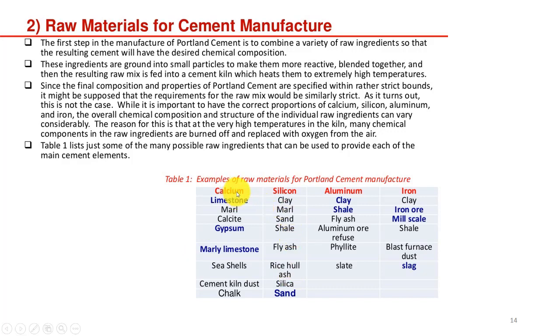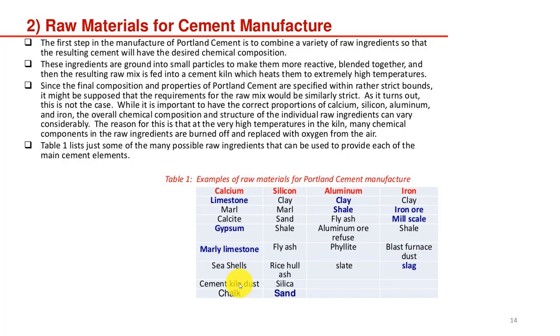The calcium can be obtained from the limestone, either from the marl, calcite, gypsum, marly limestone, some seashells, cement kiln dust, or chalk. Cement kiln dust also contains the calcium, because the kiln is used to fire the feed material, which contains a rich amount of calcium.